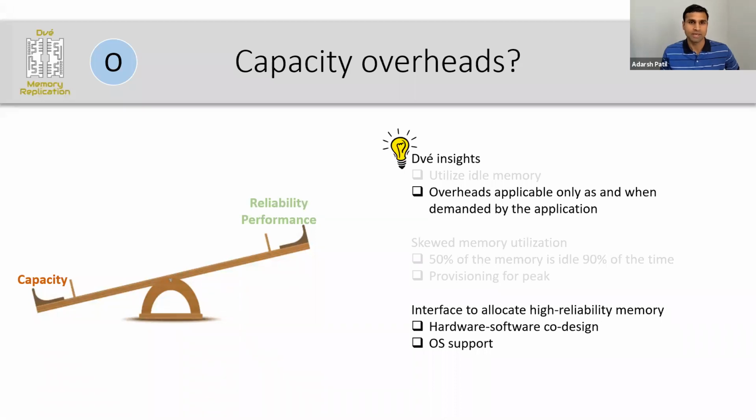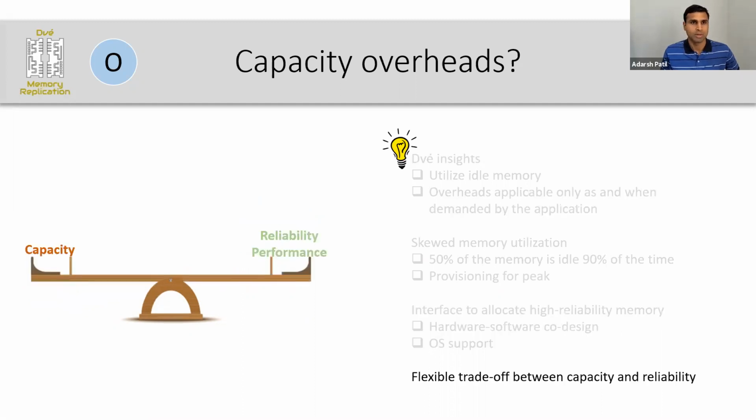DWE provides this interface by using a hardware-software co-design approach, with the operating system working hand in hand with the hardware to enable or disable replication when desired. Thus, DWE provides a flexible trade-off between capacity and reliability. This allows deploying a large number of lower reliability or commodity DRAMs for capacity, while still being able to turn reliability on or off on demand.